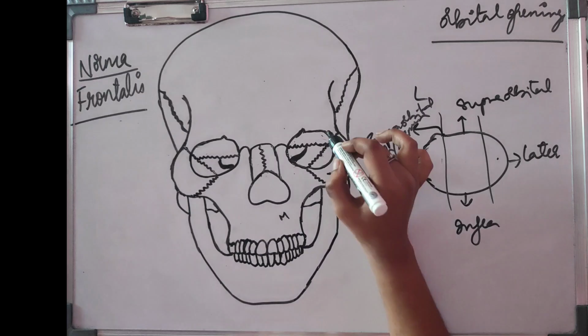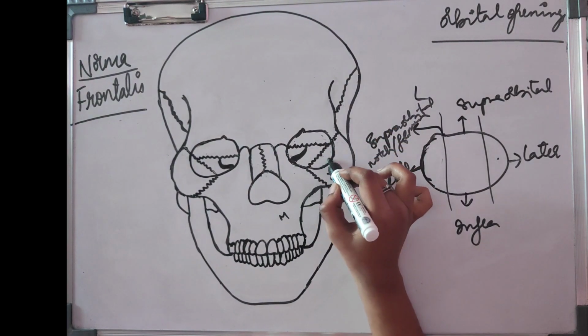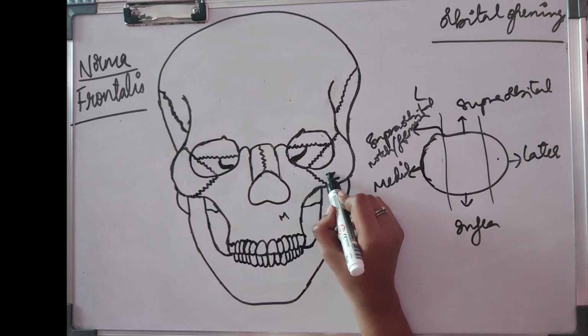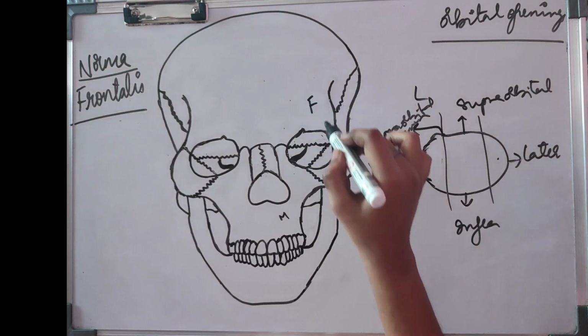Lateral orbital margin, this is the lateral orbital margin, and this is the zygomatic bone and this is the frontal bone.